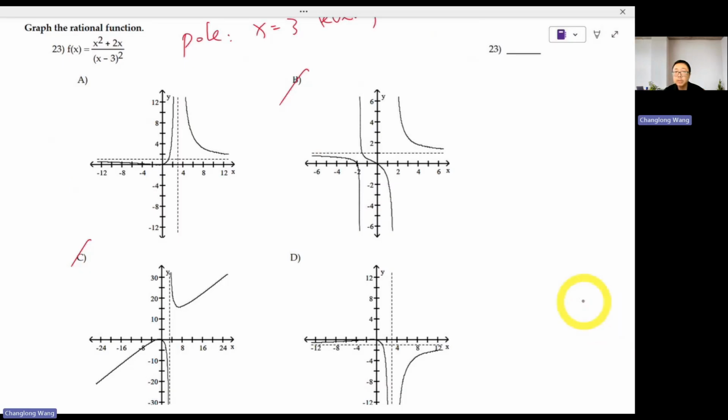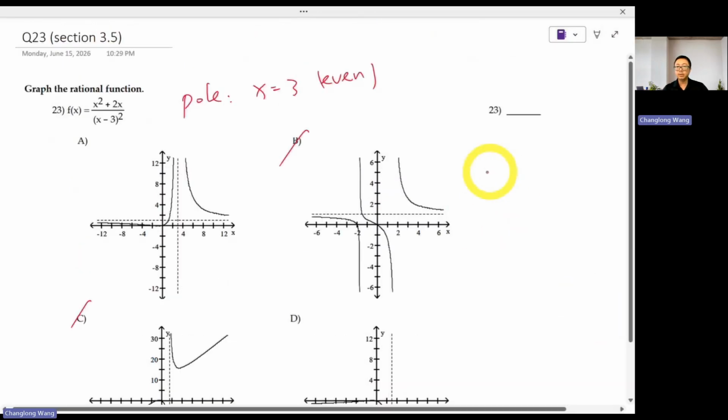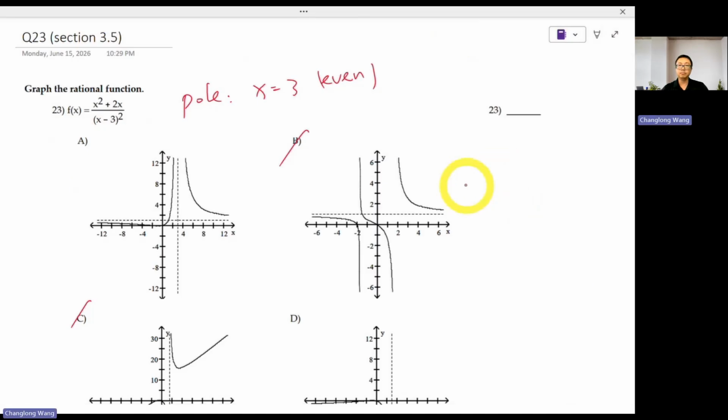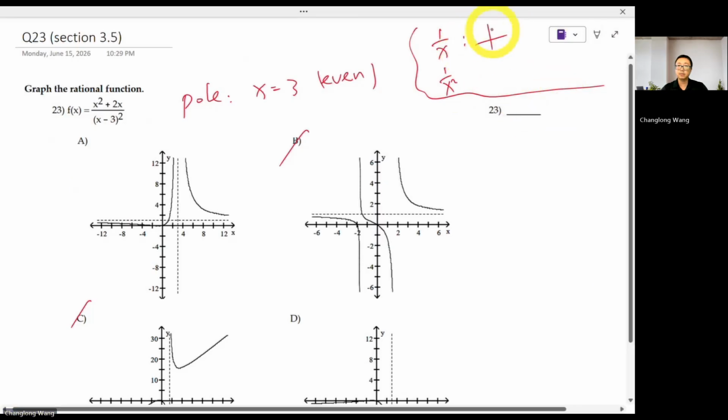Now, if you want to remember the even pole and odd pole, think about, I'll put some side note, 1 over x and 1 over x squared. So the graph of 1 over x looks like that. Do you see that?